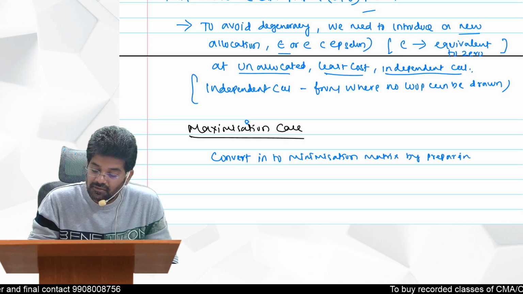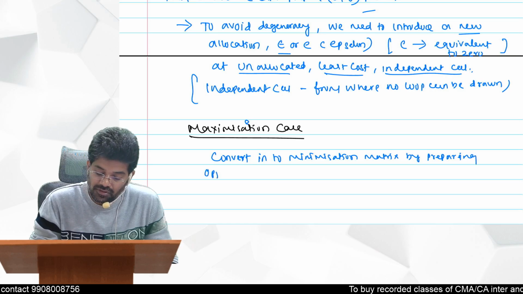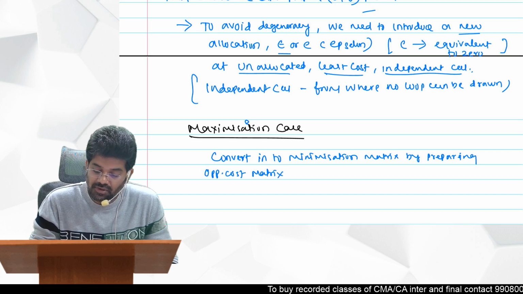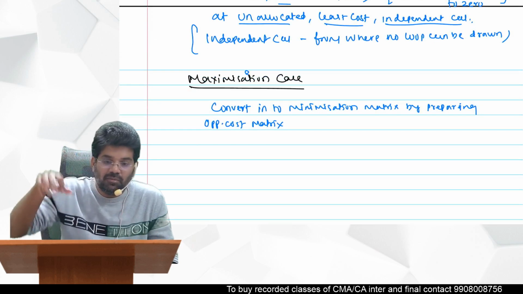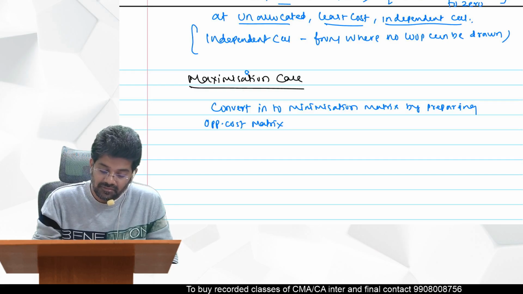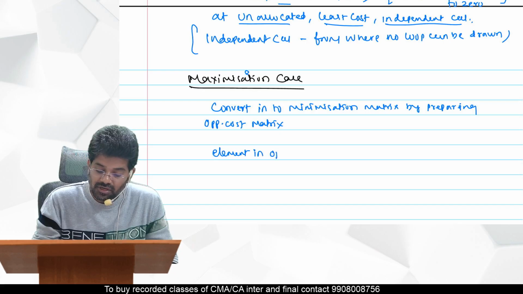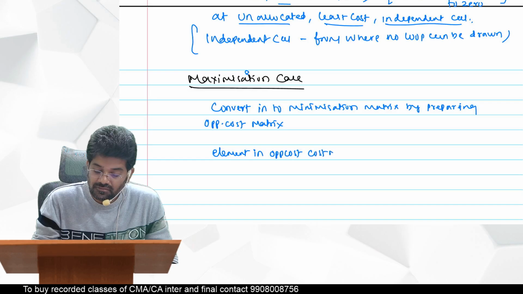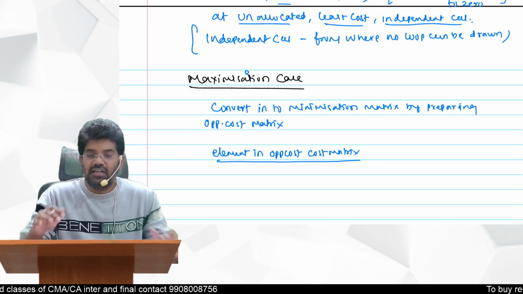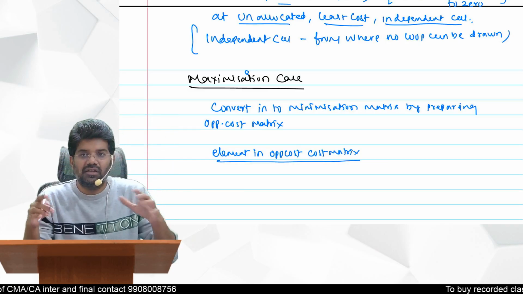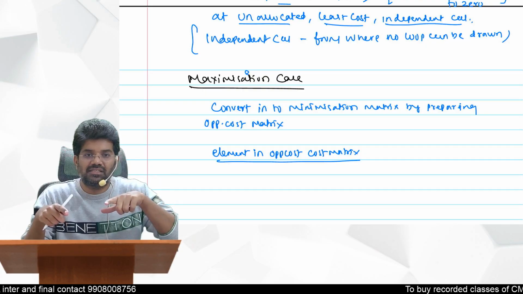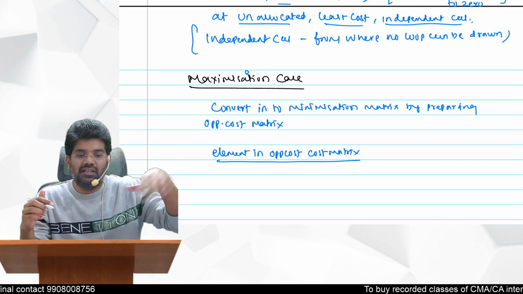How do you get the opportunity cost matrix? For each element, take the highest figure in your entire profit matrix and subtract all the other elements from it.